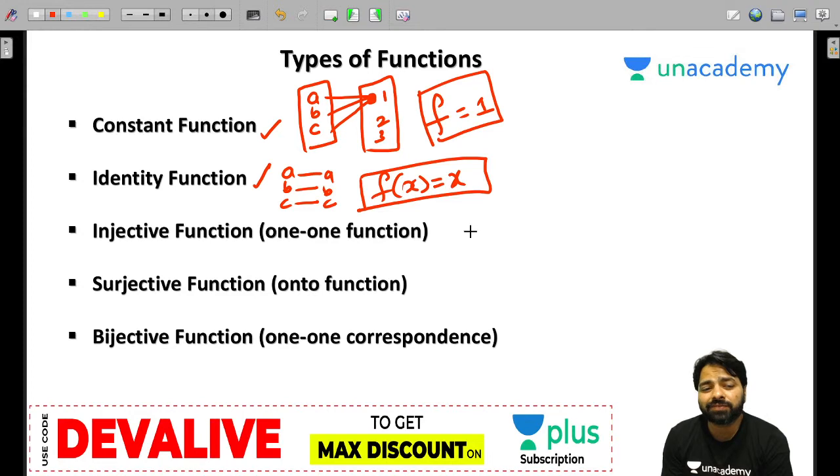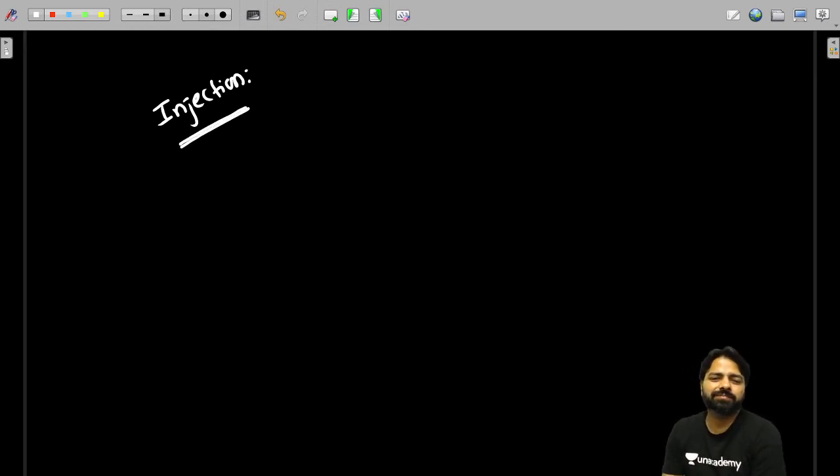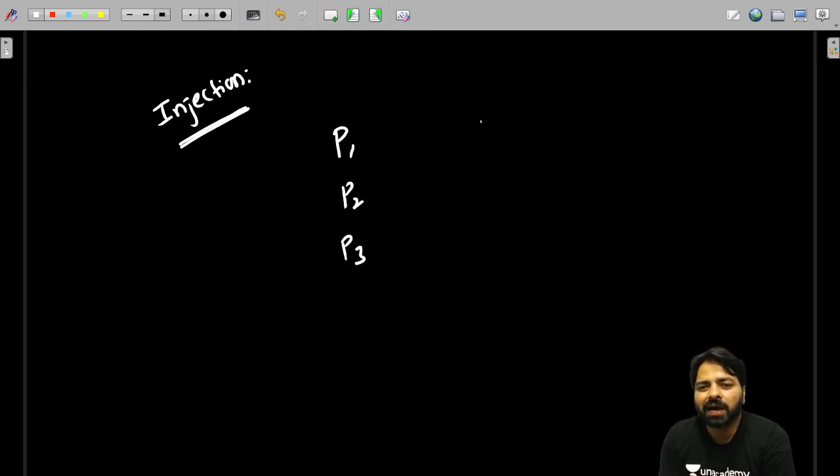What is an injective function? I have a very good example for that. Injection or injective function. It's just like you have P1, P2, P3 and I1, I2, I3.